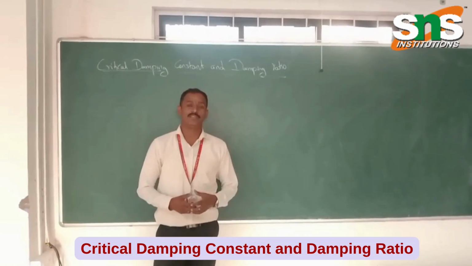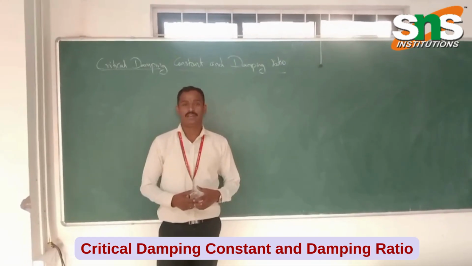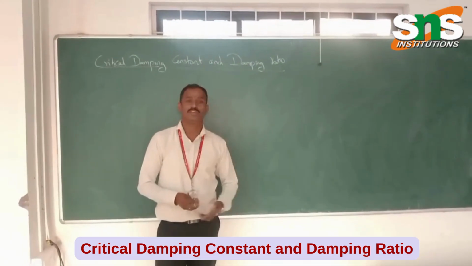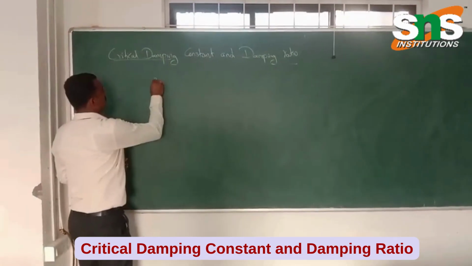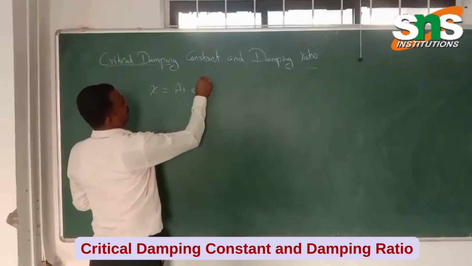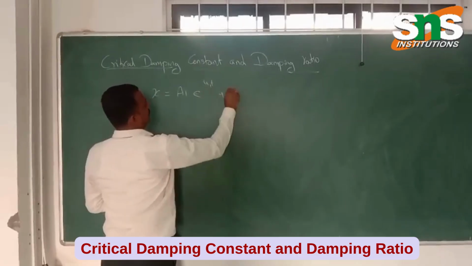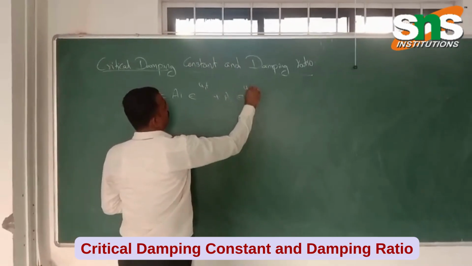Last time we discussed the ordinary differential equation for the damped free vibration. There we derived the solution as x equal to a1 e power of u1t plus a2 e power of u2t.